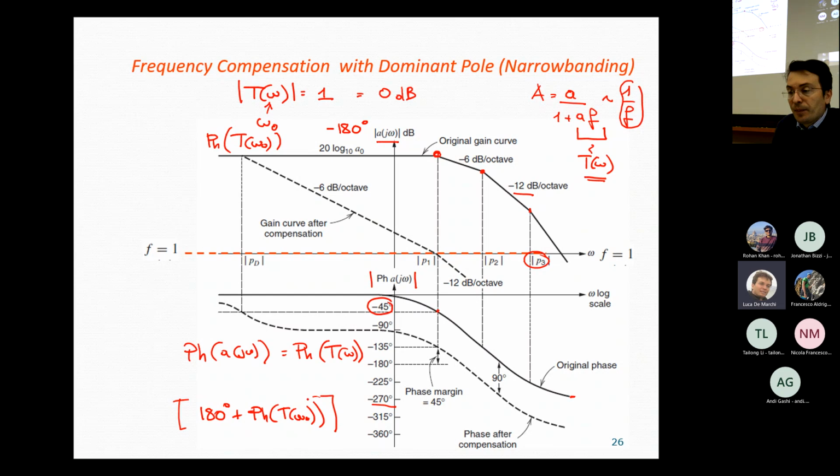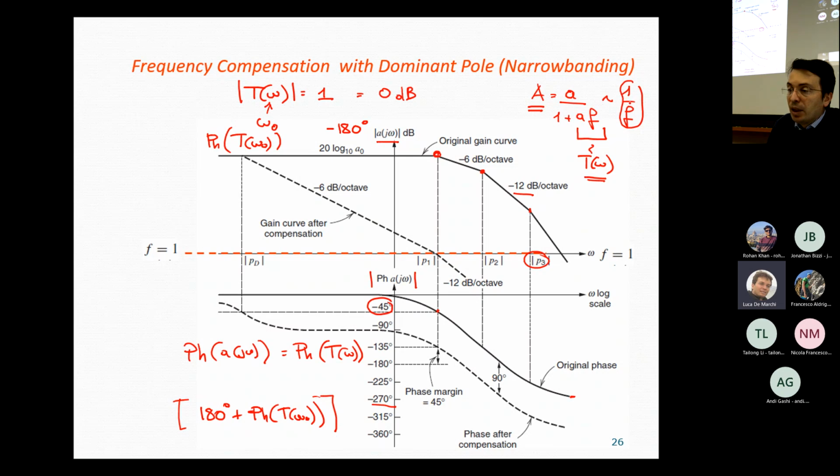So once we are sketching the phase of A of j omega, we are also sketching the phase of the loop gain. Another important consideration is that the global gain of the circuit is 1 over f.